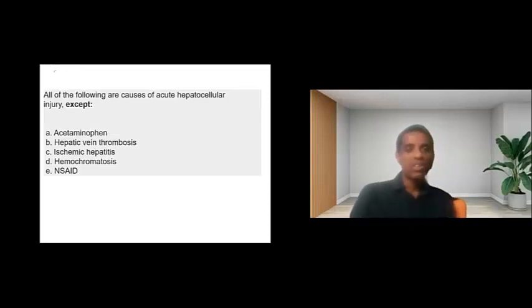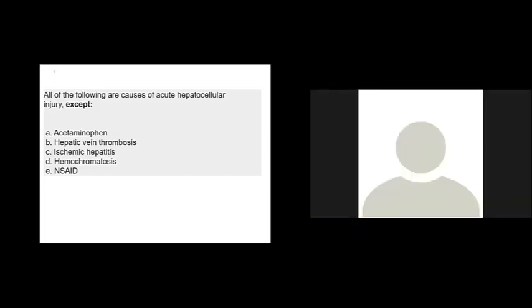All of the following are causes of acute hepatocellular injury except, any guesses? Hemochromatosis. Yeah, good. Why?